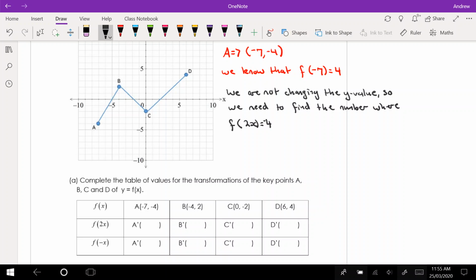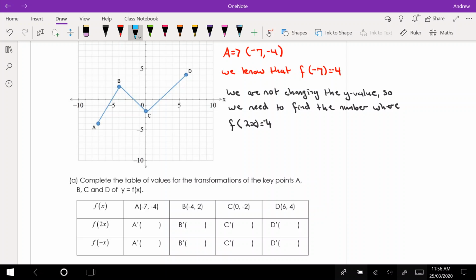Sorry, that should be negative up here as well. Our transformation inside of our brackets only changes our x value you put into the function. It doesn't change y at all. So we need to now find the value of a number x where f of 2x is equal to -4.